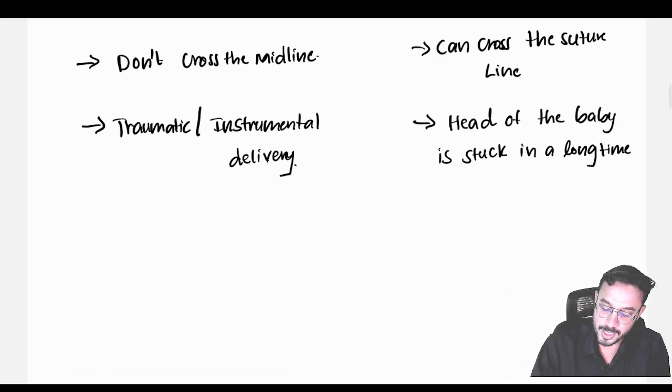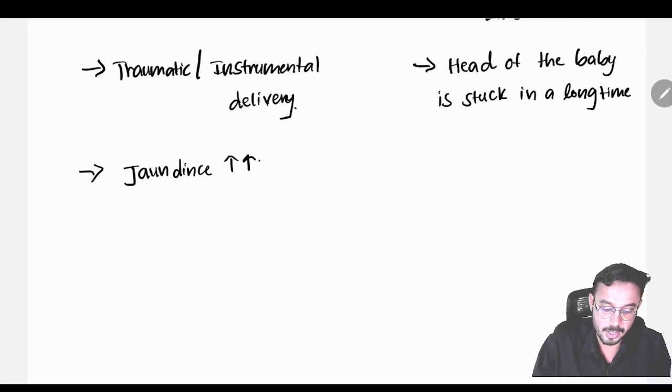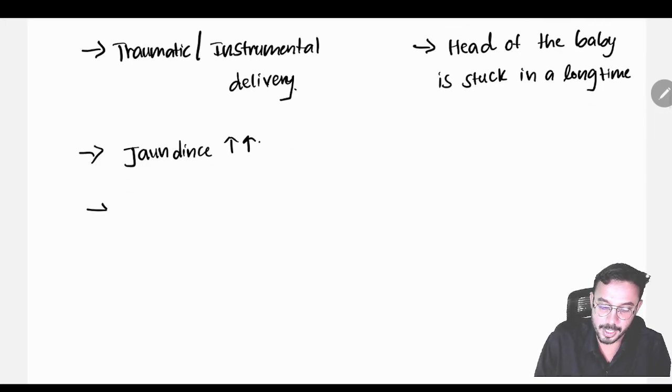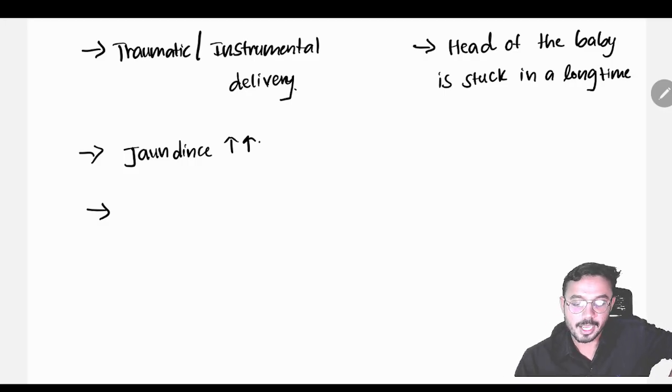Okay. So which is associated with the jaundice? Hematoma is associated with the jaundice. Okay. And what about the period? Hematoma disappears after 5 to 7 weeks, and caput disappears in like 48 to 72 hours.